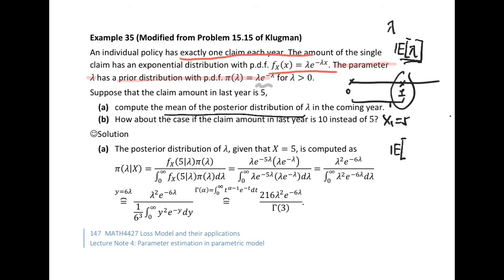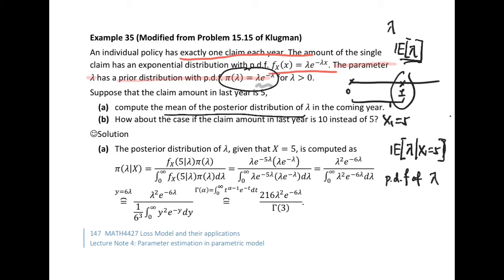In order to do that, let's think about how you compute this expected value. In order to compute the expected value, you need the PDF of lambda. But this PDF definitely does not equal this one, because this is the power distribution, which is the initial guess on the distribution of lambda without any information.